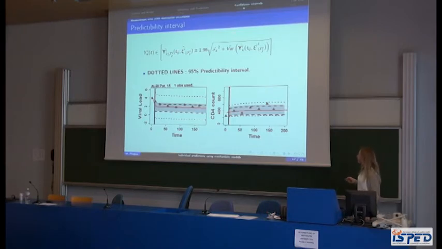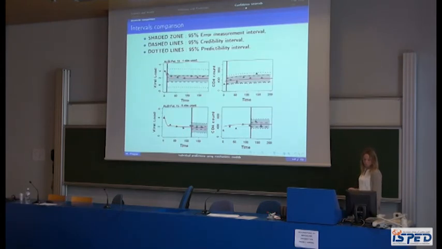So at the end, the dotted line, which is this predictability interval, which takes into account uncertainty in measurement error and uncertainty in estimation, is bigger than the two other ones. But it's nice to compare all those confidence intervals in order to see if our prediction is good or not.